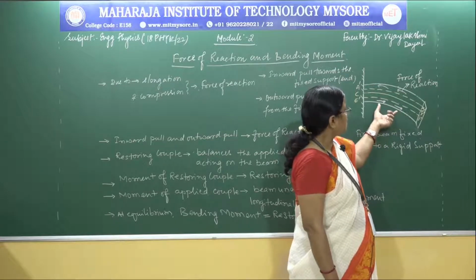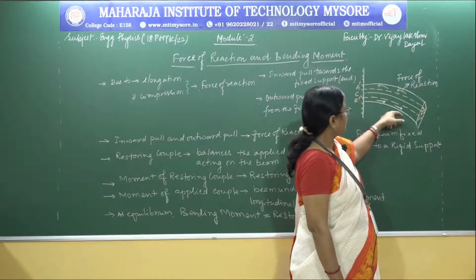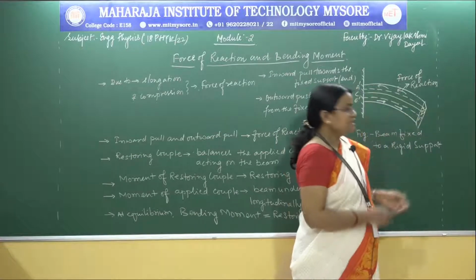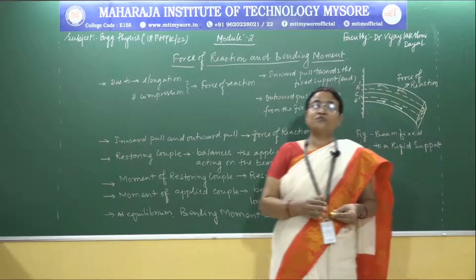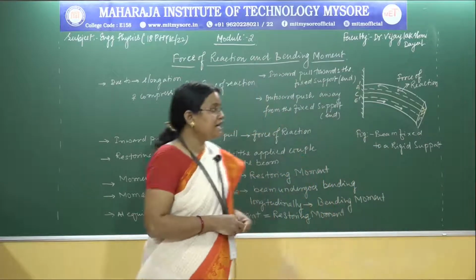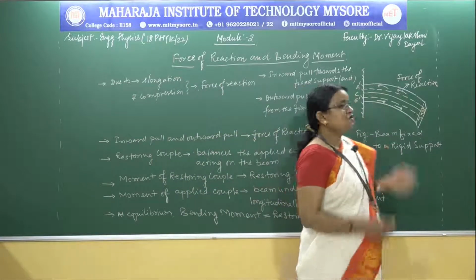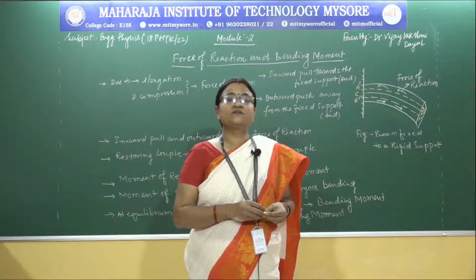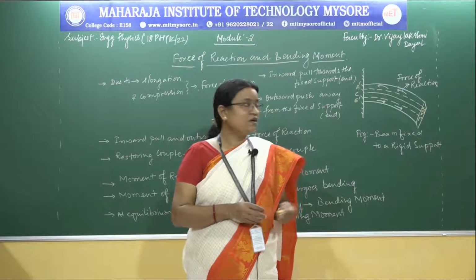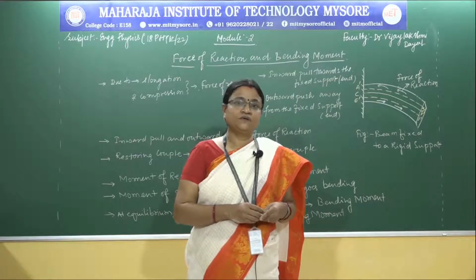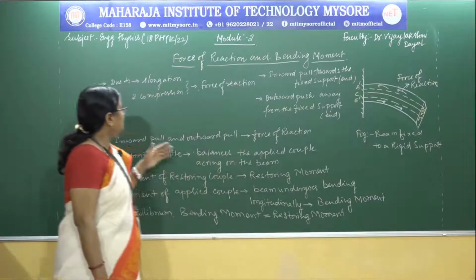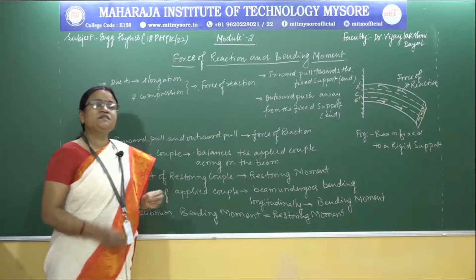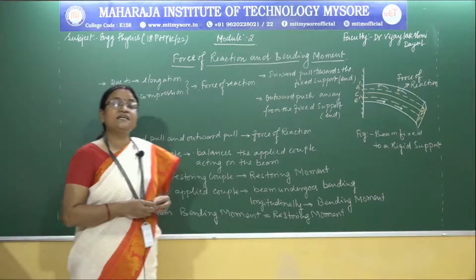So a force of reaction, an outward push, acts in the direction opposite to the fixed end, so that as you remove the load, the force of reaction helps in retaining the original dimension of the body, or in this case the beam. So due to elongation and compression, the force of reaction comes into play due to the elastic nature of the body.